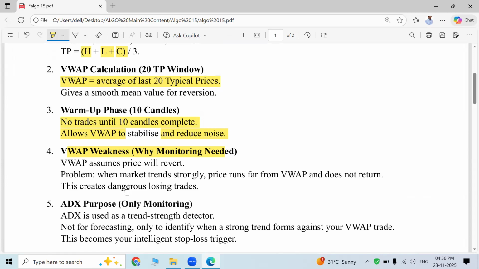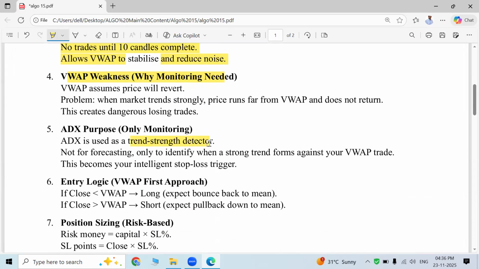Now monitoring we are going to do with ADX. So ADX is basically a very good trend detector, and it is going to detect the trend as well as the trend direction with the total momentum.